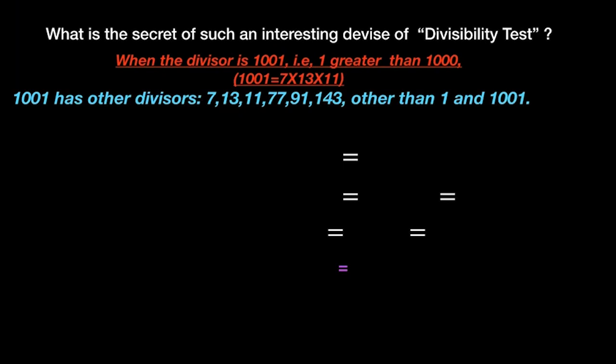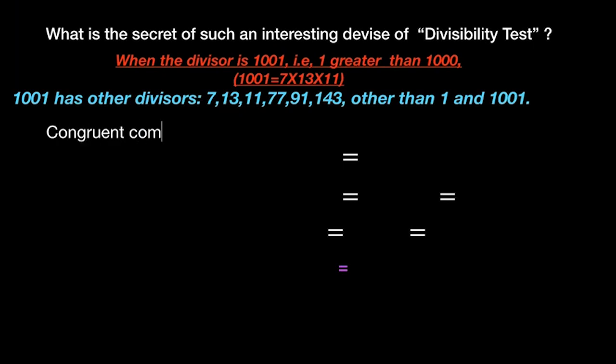So if a number is divisible by 1001, that means the number is also divisible by all its factors, that is 7, 13, 11 or 77, 91, 143, because 1001 has other divisors than 1 and itself.